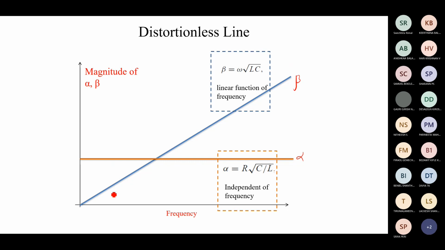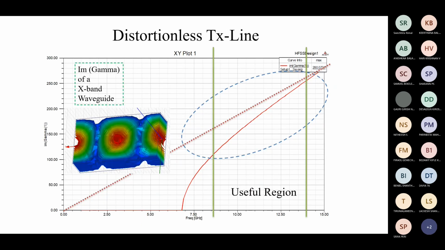The problem is that a given transmission line may not show such a beta value linear over the long spectrum. Let's say this is 2 gigahertz, 3 gigahertz, 10 gigahertz when it comes into the picture. So different transmission lines will show different behavior. For instance, when you take the waveguide, which we saw in the last class, the imaginary part of the gamma, which is nothing but the beta, is calculated using a simulator.